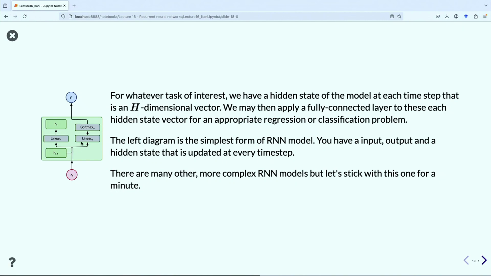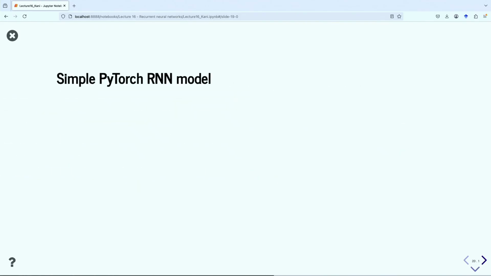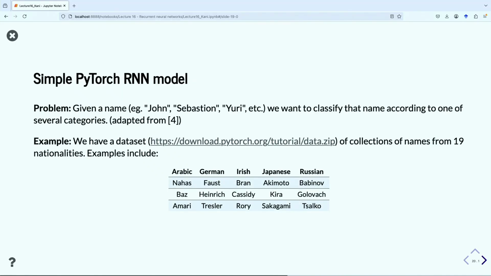One linear layer is used to create a new hidden state. The other linear layer gets passed to a softmax function, and then it's used to create an output. Okay. So this is the simplest type of RNN model: input, output, hidden state. There are many other more complex RNN models, but let's stick with this one for a minute. Let's look at the simple PyTorch RNN model.